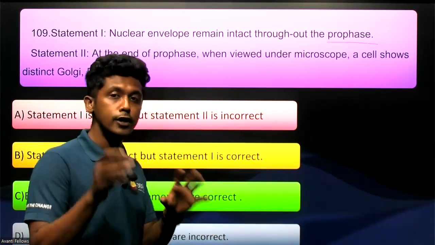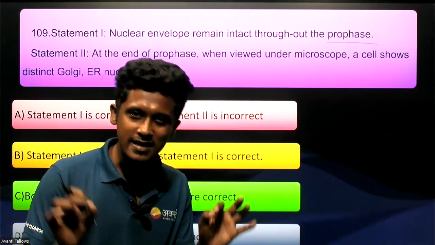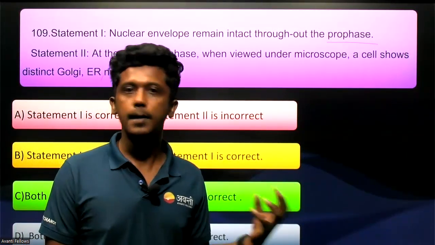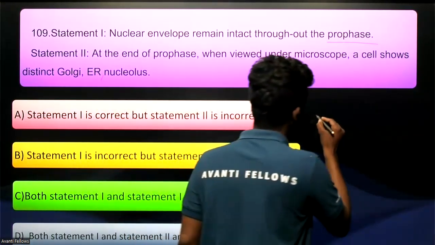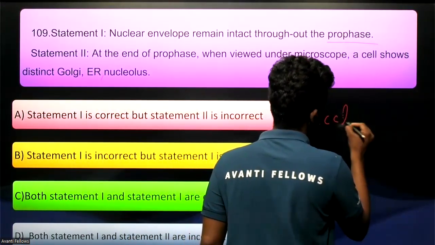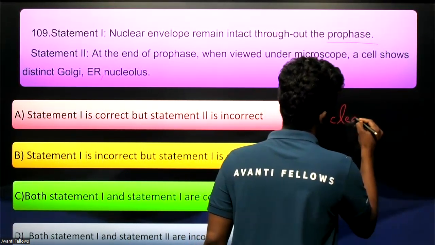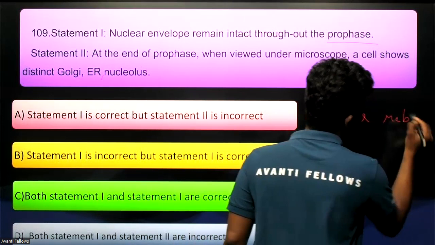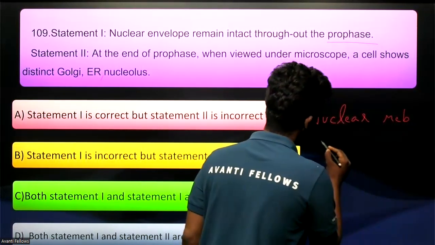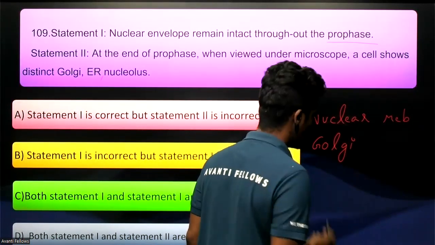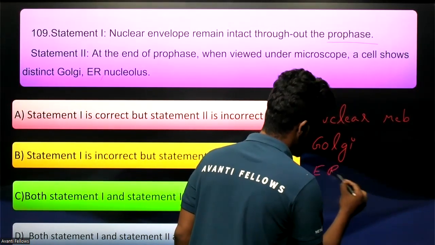Second, the nuclear membrane slowly starts disappearing. By the end of the prophase, you can't even see the nuclear membrane. So nuclear membrane, I'll write it here: they disappear. Next are the cell organelles like Golgi and endoplasmic reticulum.